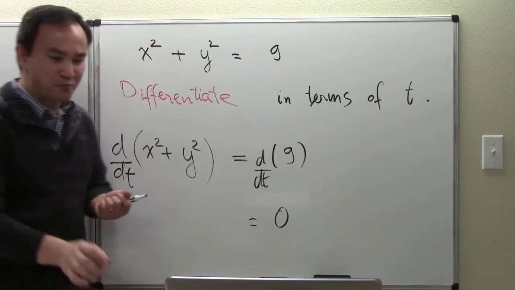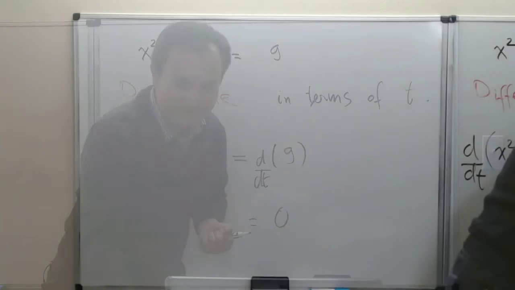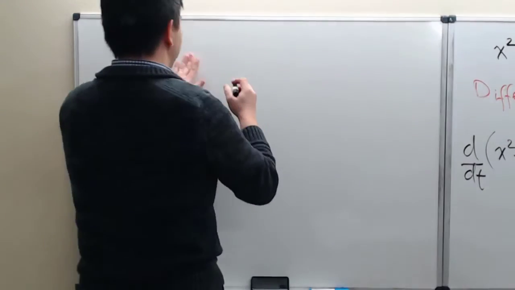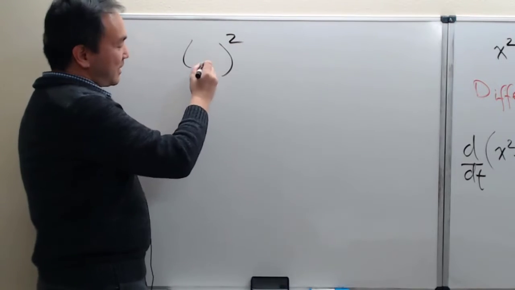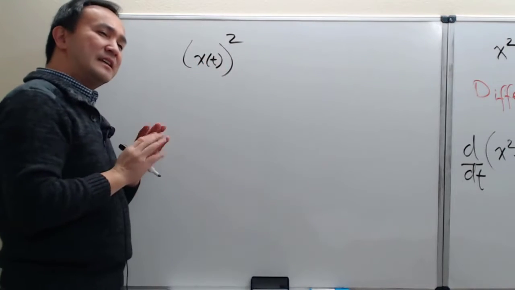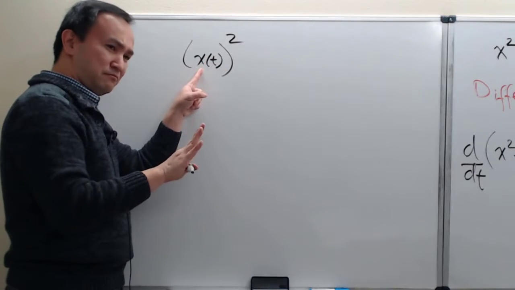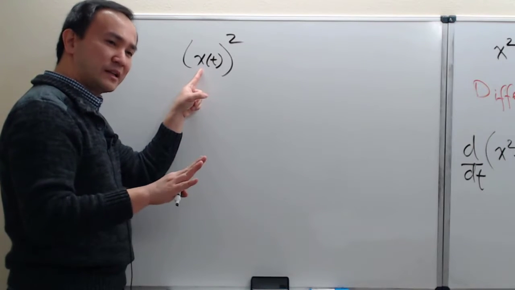Quickly let me bring up a scratch work right here. If x is a function of t, but now I have a square function, and inside of that we have some x, and x is a function of t, so think of it like that. X is some implicit function of t, and we completely have no clue about what that is.